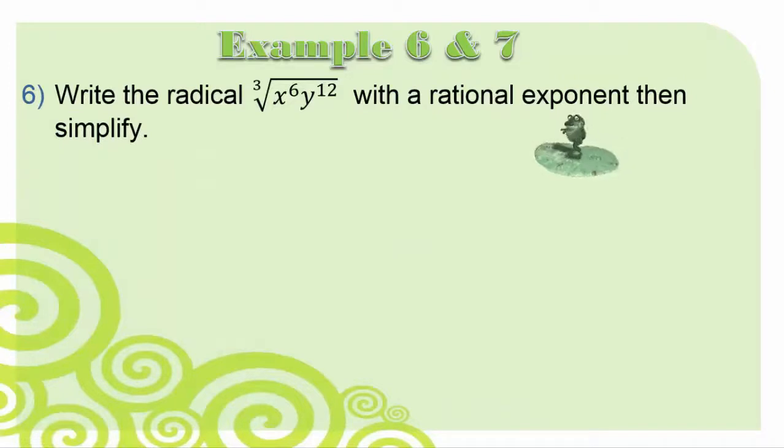In example number 6, we're asked to write the radical cubed root x to the 6th y to the 12th with a rational exponent, and then asked to simplify it. So let us go to the whiteboard and see how we would do this.